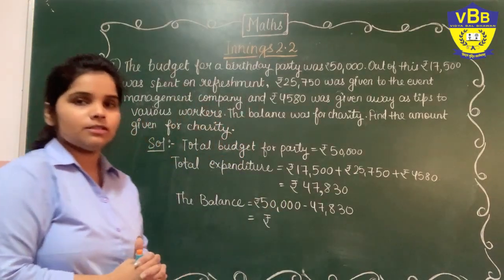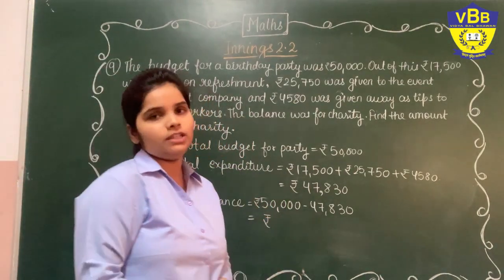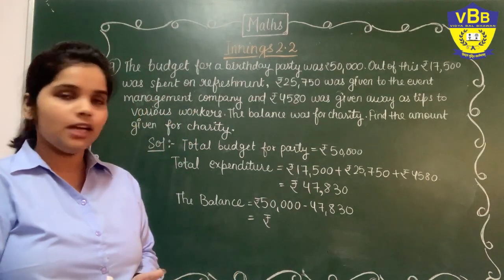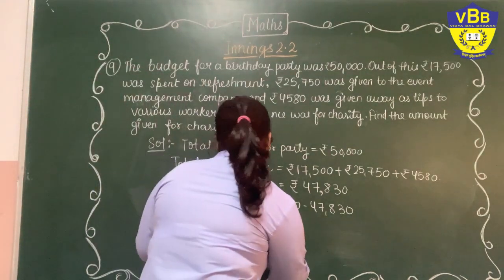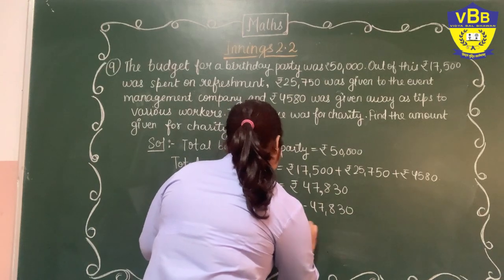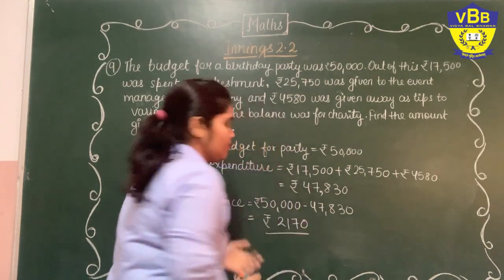Subtract the two numbers. Whatever the difference you get, that is the amount we are left with now. So we are left with 2,170 rupees.